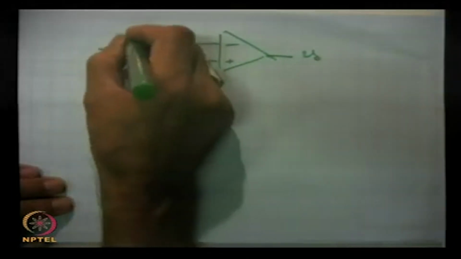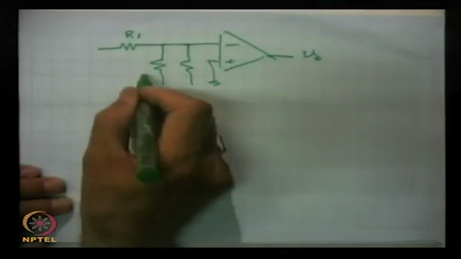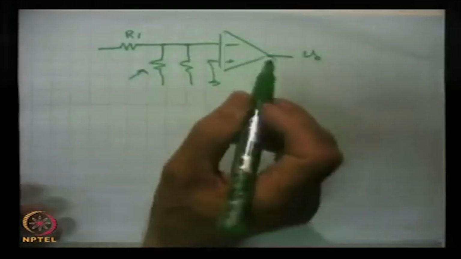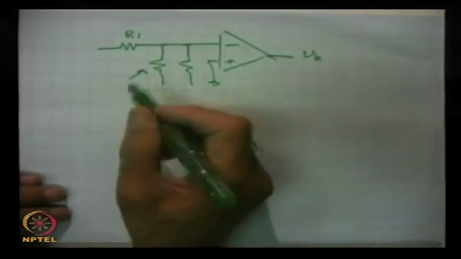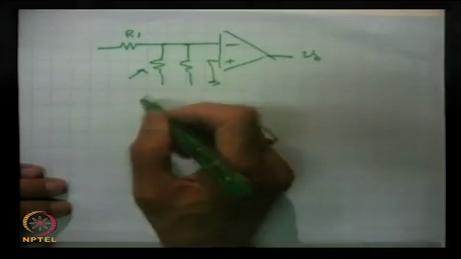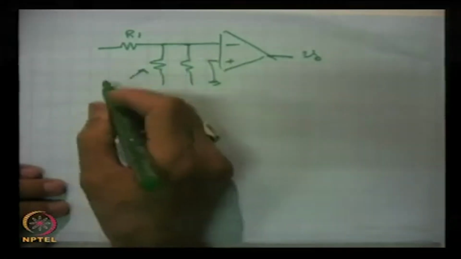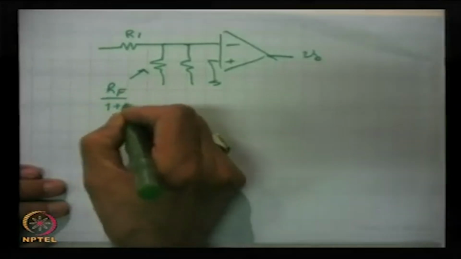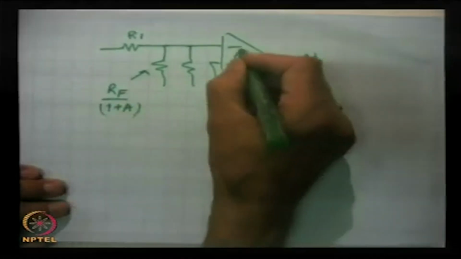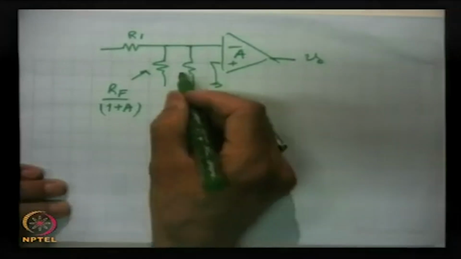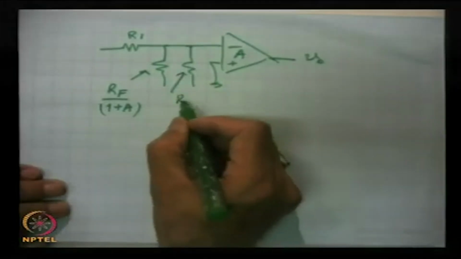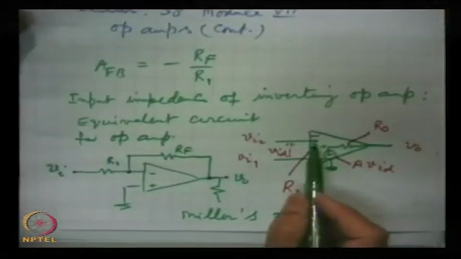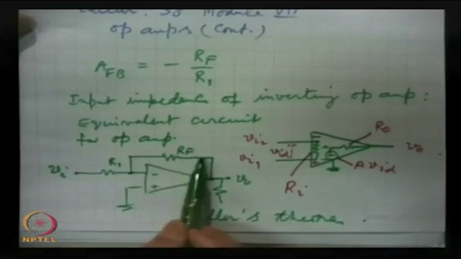This is R1 and this resistance is the Miller's equivalent at the input, and this is equal to RF by 1 plus A, where A is the open loop gain, and this is that Ri, the input impedance here, and this is in Miller's form.